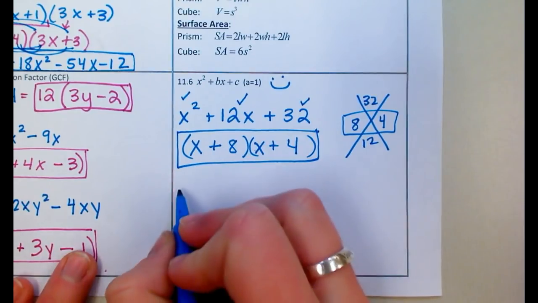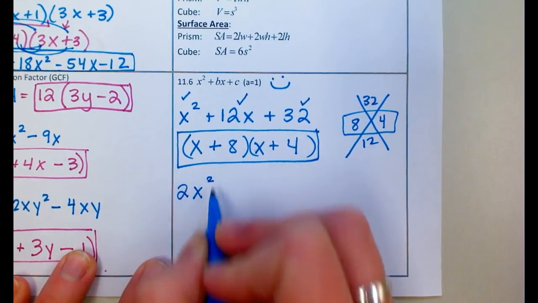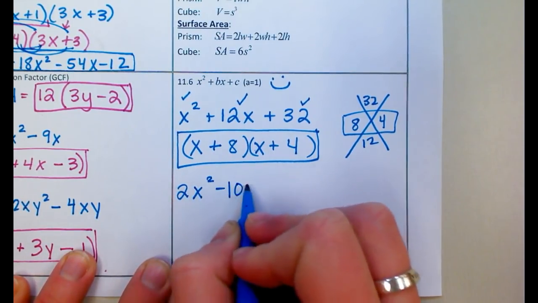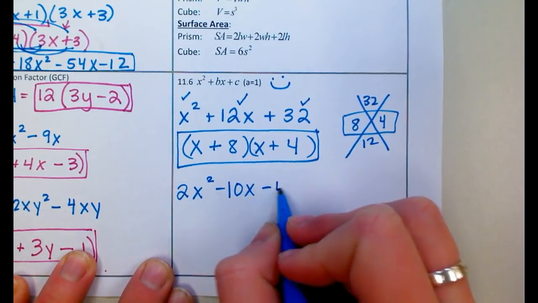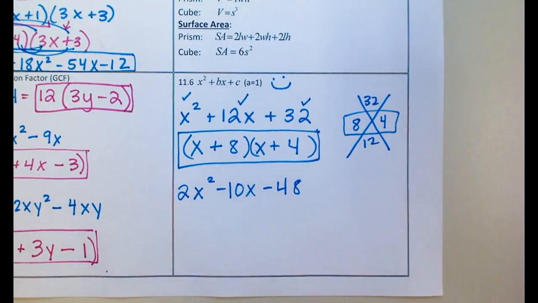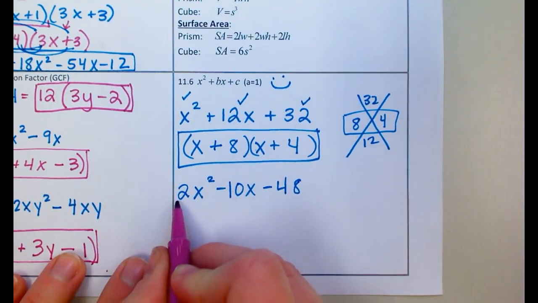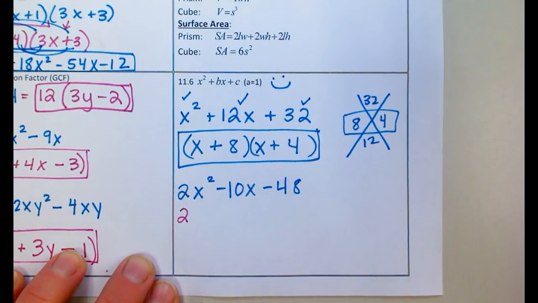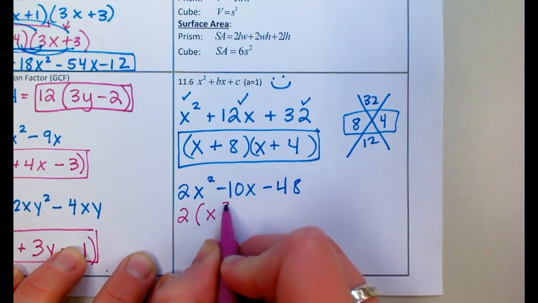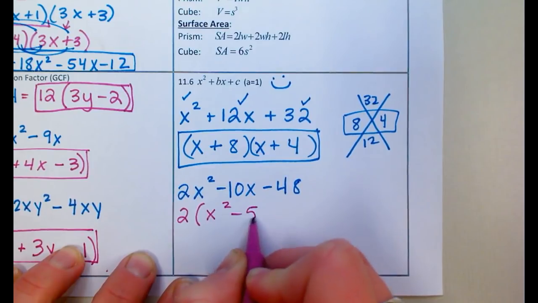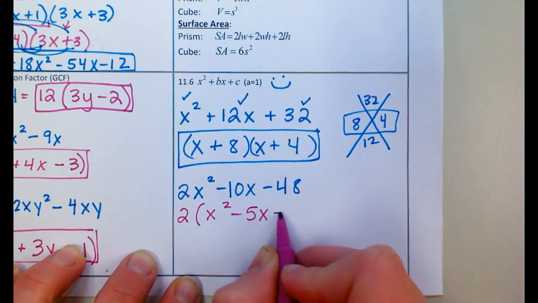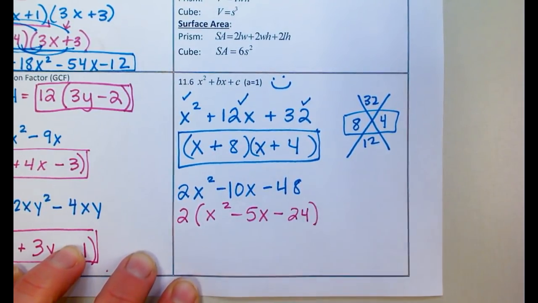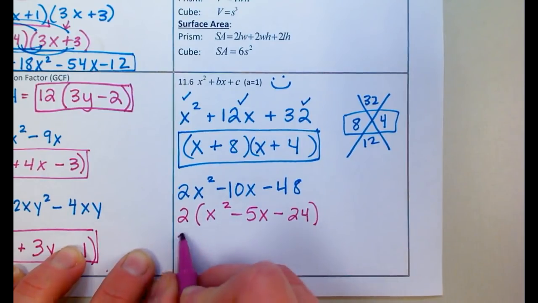Practicing another one, if I had 2x squared minus 10x minus 48, noticing first a is not 1, but this is when we had a GCF. So 2, 10, and 48, we do have a GCF of 2, which would leave x squared minus 5x minus 24. And now we can factor this out.